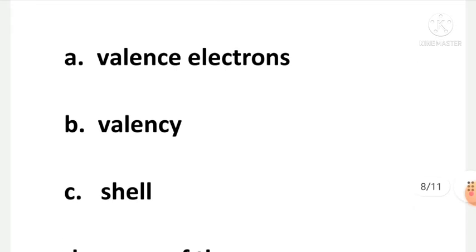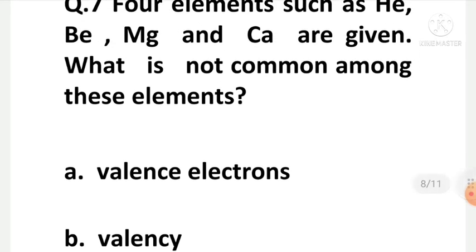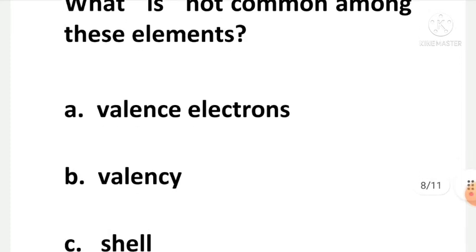So here, with respect to the given question, three options are there, and you have to find what is not common among these elements. So you have to select the correct option. Now here you have to observe and give the correct answer.